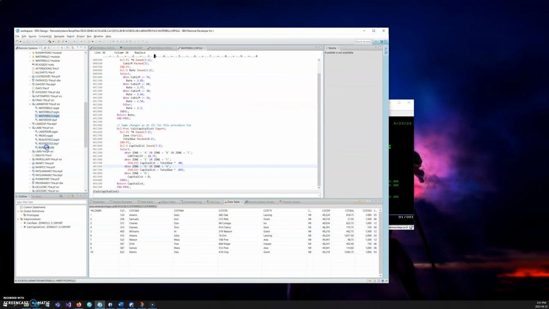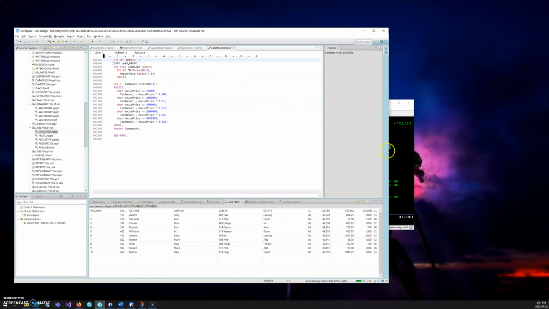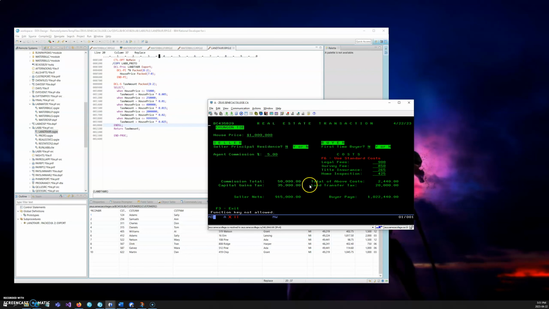Just for comparison, say we have the land. This is what I used for lab 8. You see that we just have the tax amount here.